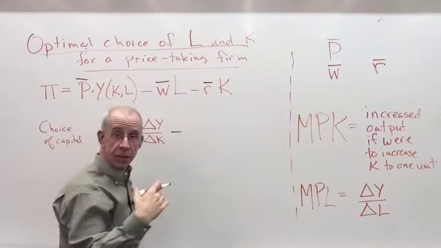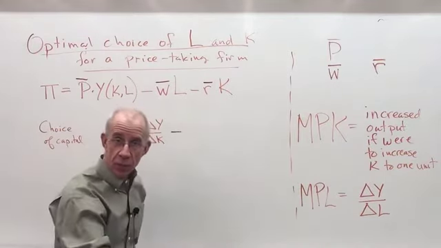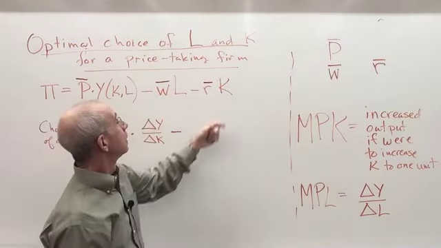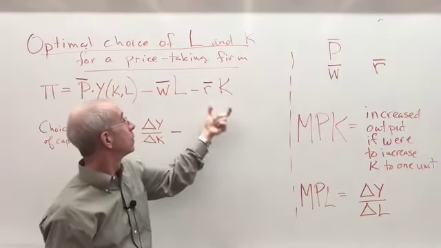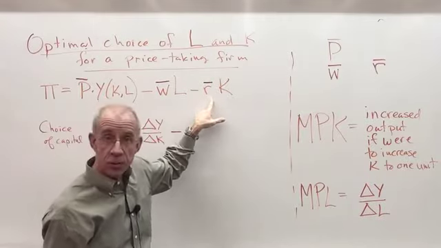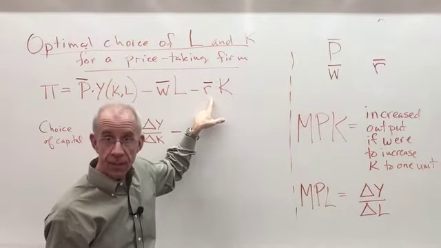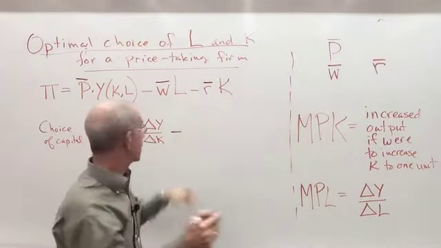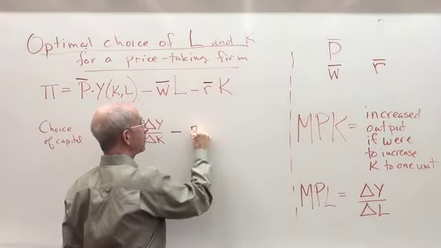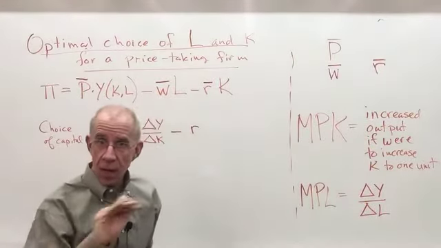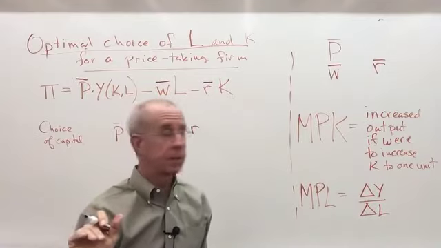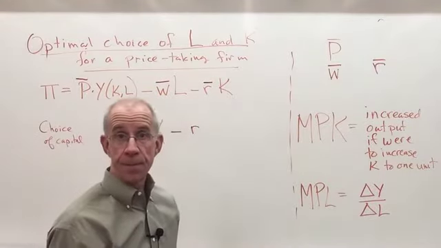How does hiring one more unit of capital affect your costs? Well, you've got an unchanging cost of capital. If you hire one more unit of capital, what you're going to have to pay is R, this unchanging market-based cost of capital.